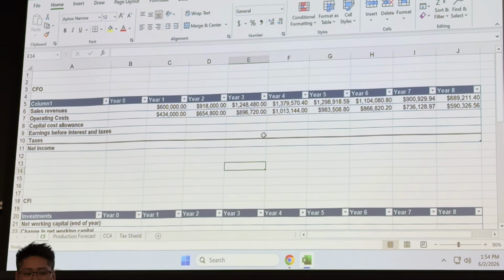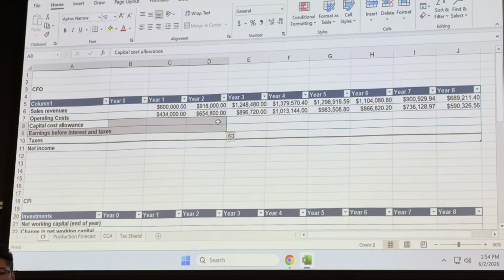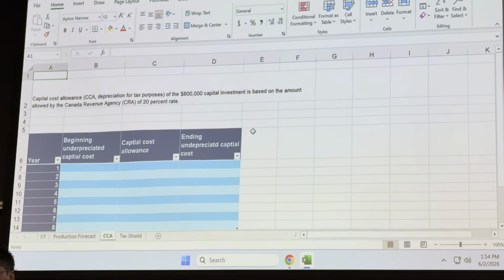We're gonna figure out the depreciation, capital cost allowance, which is this line. How do we calculate depreciation? This is something that you should have learned in your accounting course. So I'm gonna go on to the third tab, which is the CCA tab. You can see here, capital cost allowance of the $800,000 capital investment is based on the amount allowed by the CRA, which is 20%.